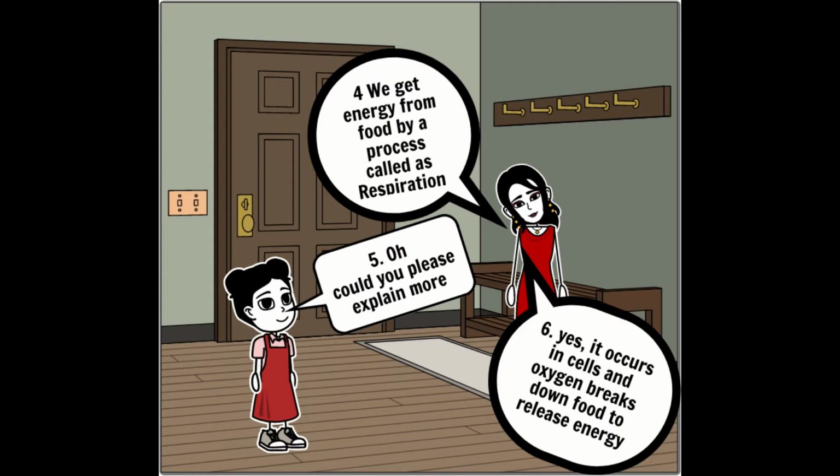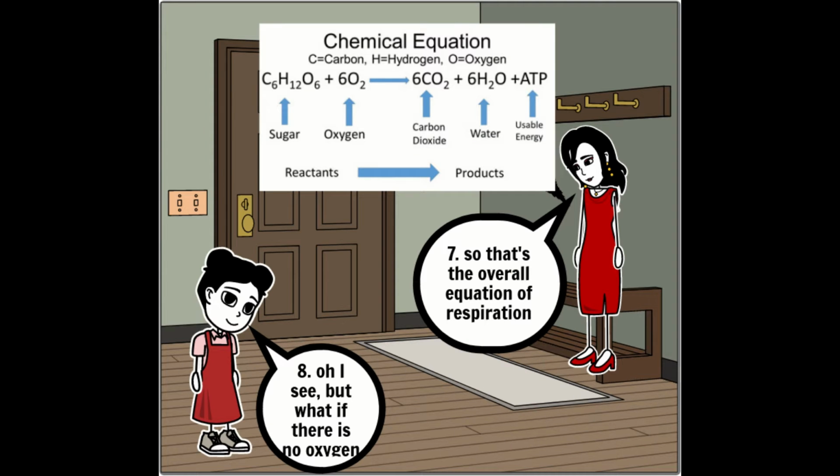So, we can say that respiration is a cellular process during which food molecules combine with oxygen to release energy. This energy is needed for growth as well as formation and maintenance of our bodies. Now let's see the overall chemical equation for respiration.